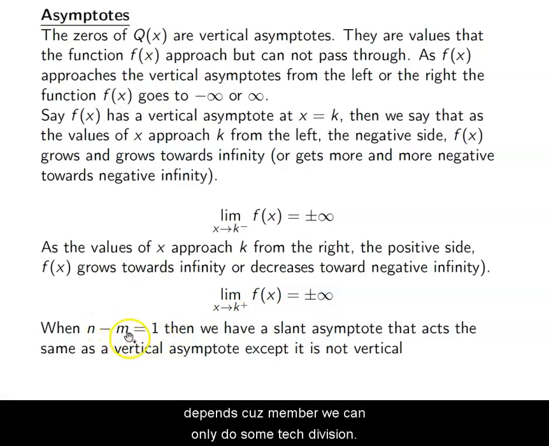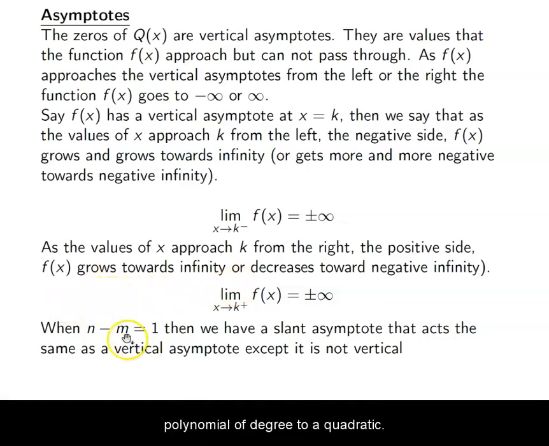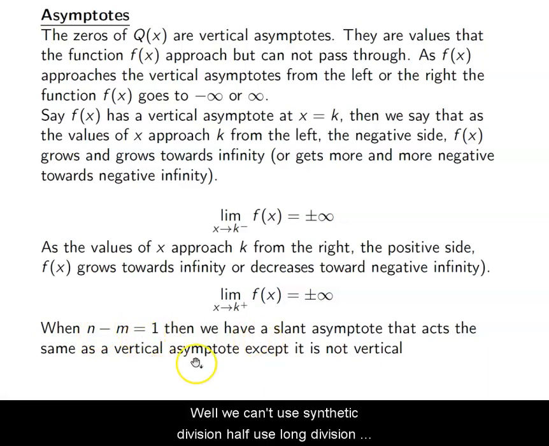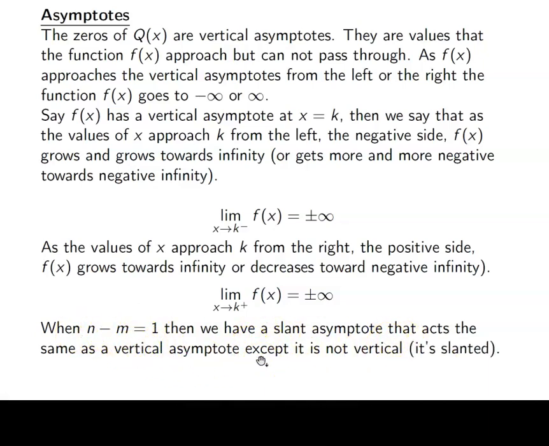It really just depends, because remember, we can only do synthetic division when we're dividing by a linear factor. So if the numerator is a cubic, a polynomial with a degree of 3, and the denominator is a polynomial of degree 2, a quadratic, well, we can't use synthetic division. We have to use long division in order to figure out what the slant asymptote is at that point.